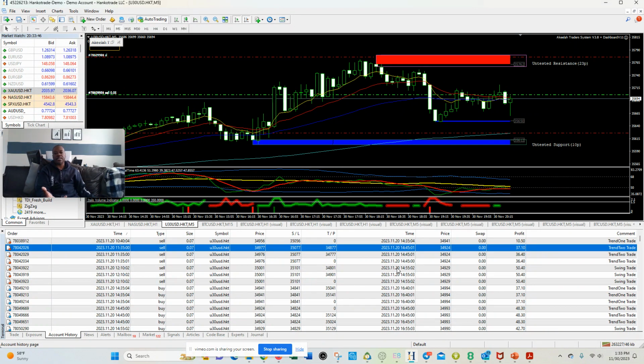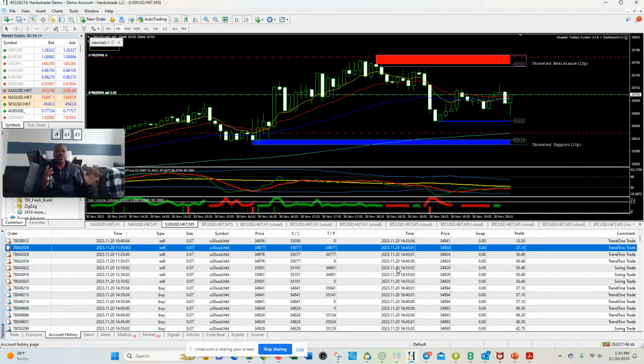This strategy is designed to get in US 30 and find some good trade opportunities. The risk we're using here, we're only risking 2% of our account per trade. With a $10,000 account, 2% is only $200. So our maximum risk, if everything went completely wrong with that trade, is $200.